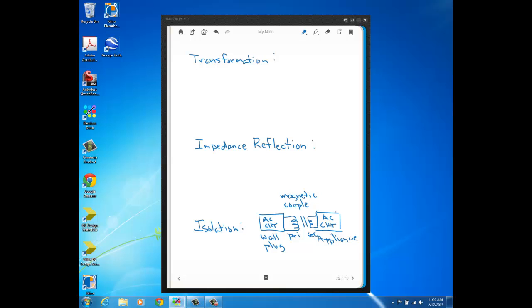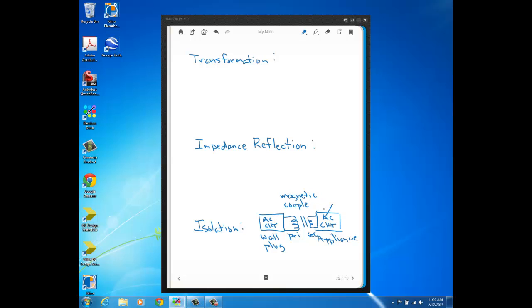Water would cause short circuits, which would cause more current to flow than the components could handle, and, worst case, you can get a fire. So if something were to catastrophically happen to this appliance, putting the transformer in between saves this circuit; the wall plugs would not be damaged.